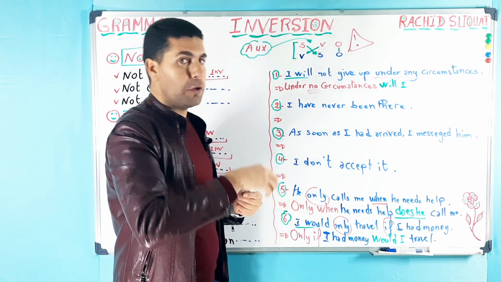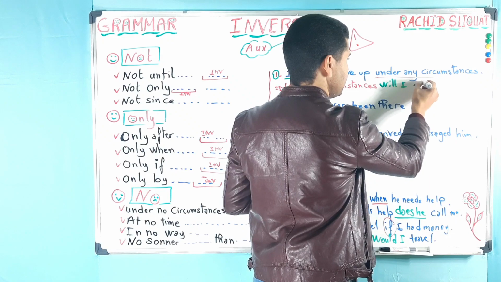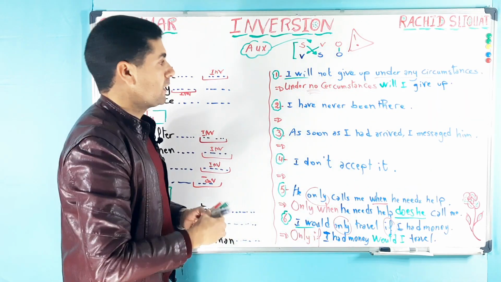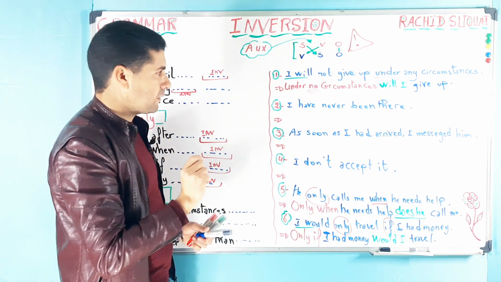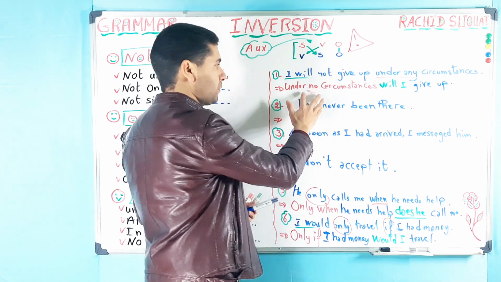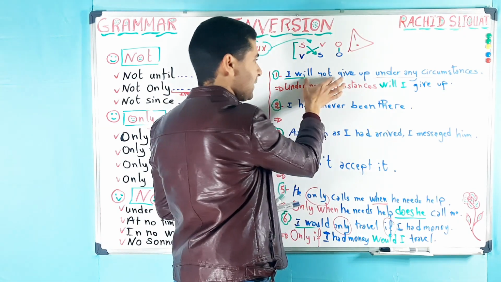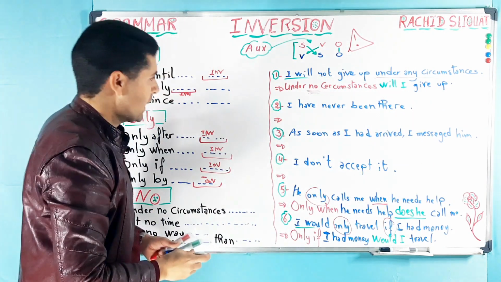We cannot say will not I, because the expression is negative. Just keep this in mind: when we have a negative expression like that, even if the sentence was negative, it becomes affirmative.